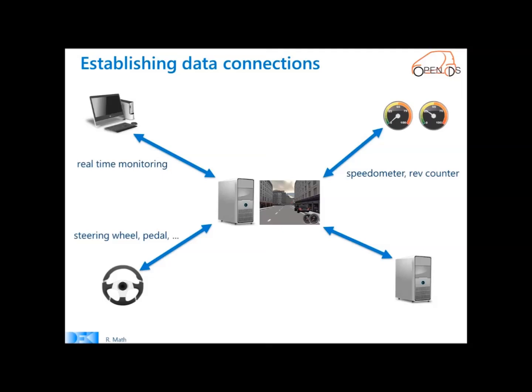For example, you can do real-time monitoring for experiments, or use external hardware. You can grab information from a steering wheel in a real car, from a CAN bus, and pass these data to OpenDS. But it's work in progress. It's not finished yet.